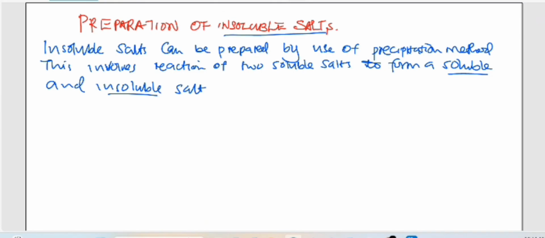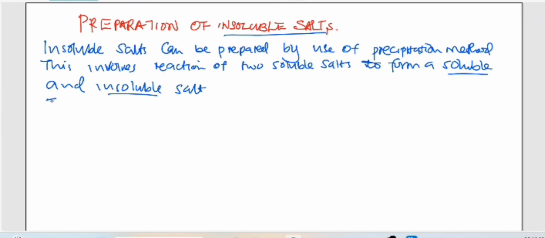During such a reaction, because we are reacting two salts, the metal ions of these salts exchange their anions during the reactions.